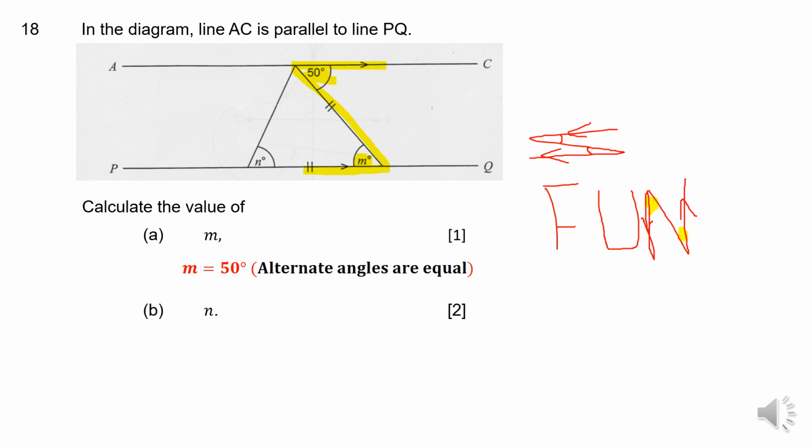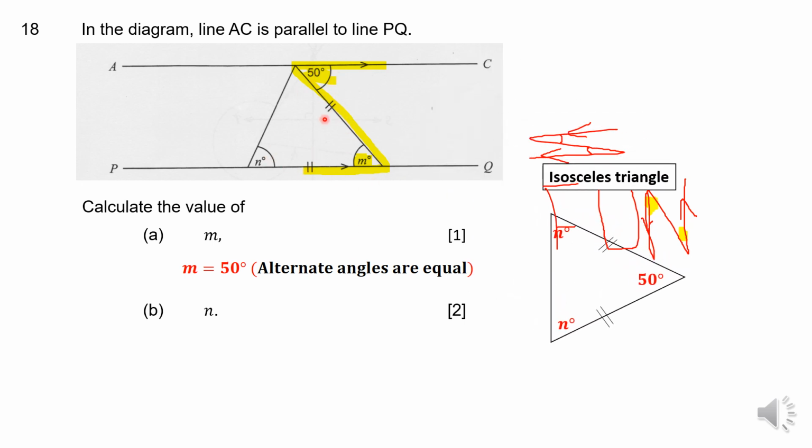When you are calculating angle M, you need to be a bit on the lookout. I'm going to take that little triangle here, and these two primes, these lines here, indicate that we are dealing with an isosceles triangle. That makes it easy for me to find the unknown angle.